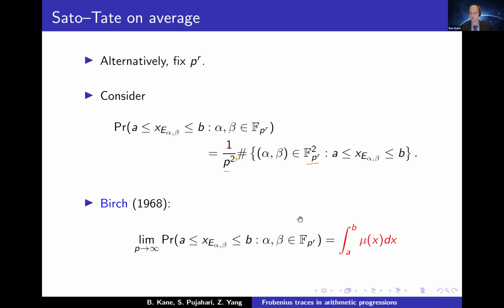So we get the same distribution. So the probability that you're between a and b as you run through all the choices of alpha and beta. So he's really running through every single possible choice of elements of the finite field, looking at these elliptic curves.